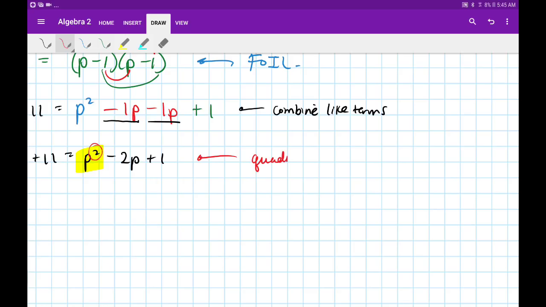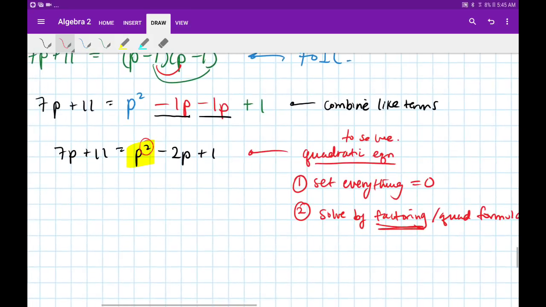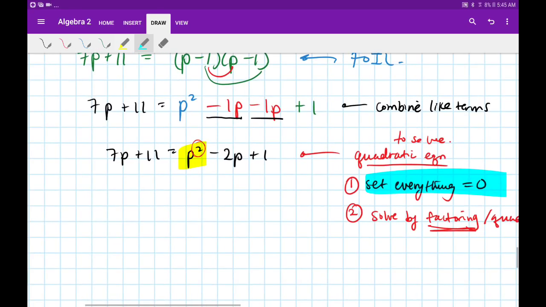So since we have a quadratic equation, the way to solve is to get all terms on the same side, set everything equal to 0, and then we can solve by factoring or other methods like the quadratic formula if factoring doesn't work. Whatever it is, we need to set everything equal to 0 first. So let's do that.